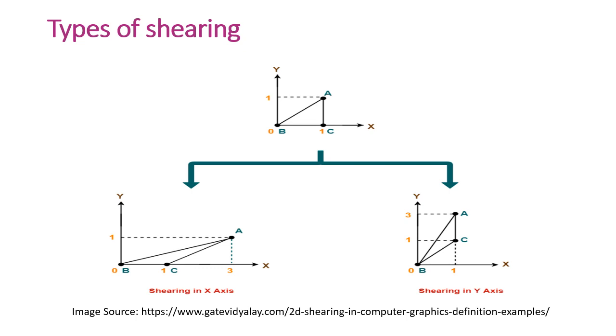Now when we apply shearing in x-axis, at that time x coordinate value will change and y coordinates remain same. And when we apply shearing transformation along y-axis, at that time x coordinate value remains same and y coordinate values will change.